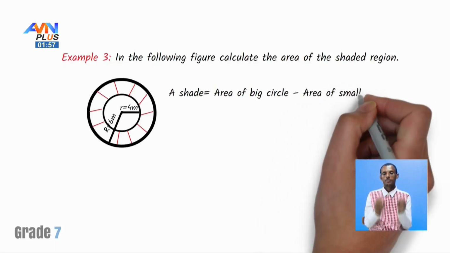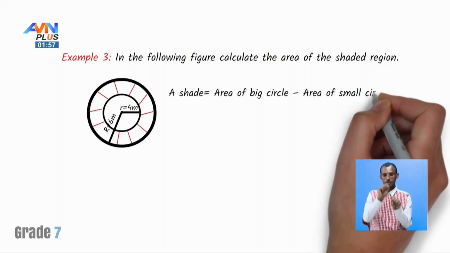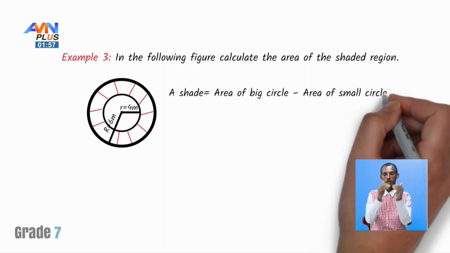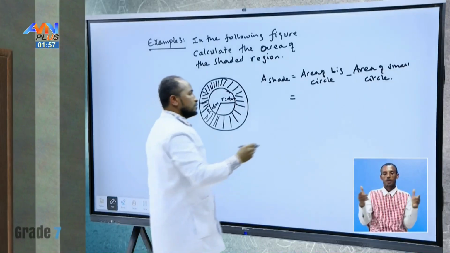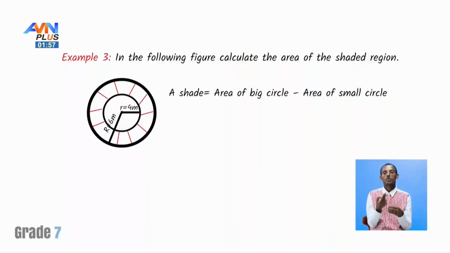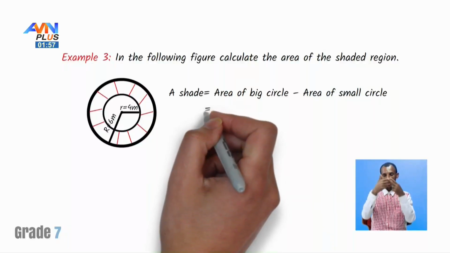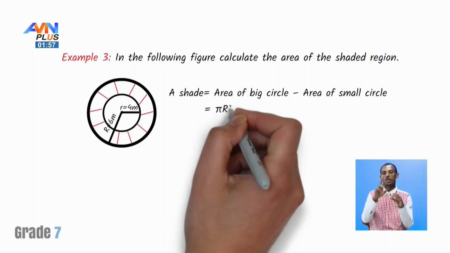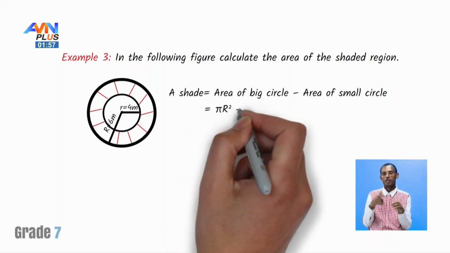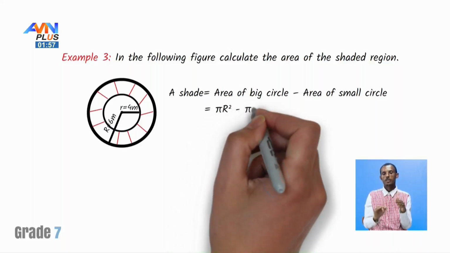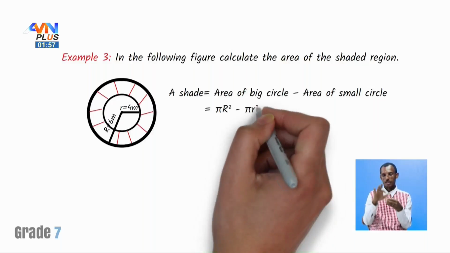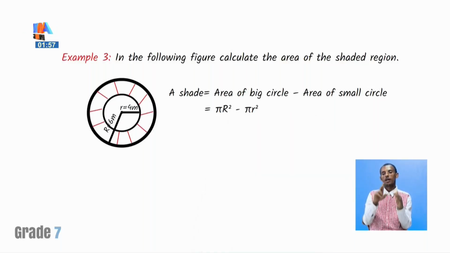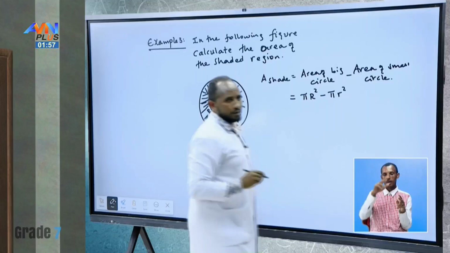We can use the equation pi times radius squared. We use a capital R for the radius of the big circle, pi R squared, minus the area of the small circle. We use a small r here, so the area of the small circle is pi r squared.